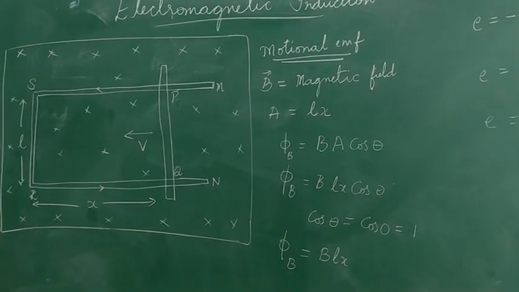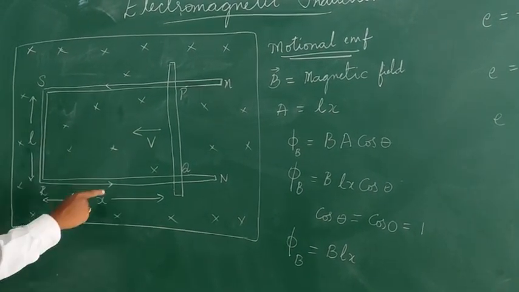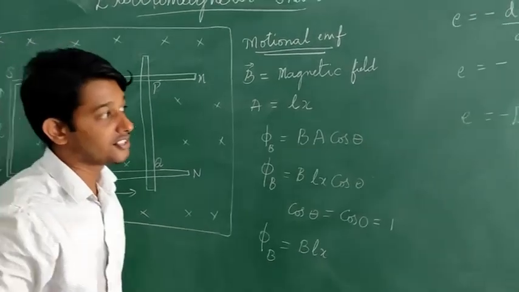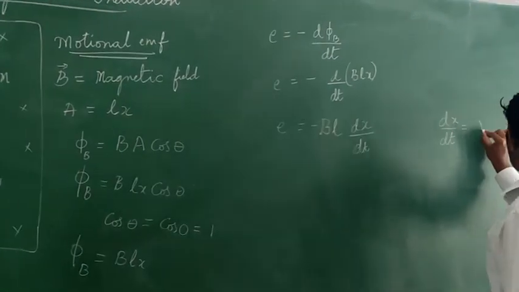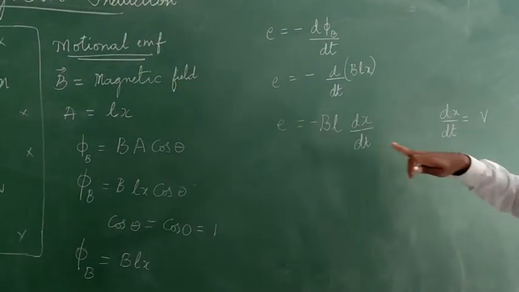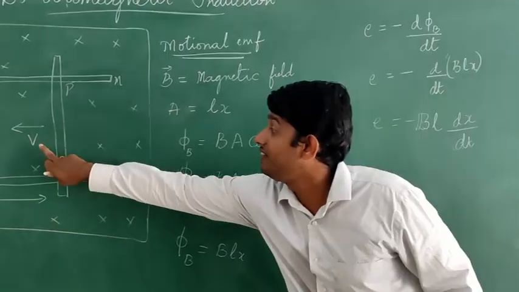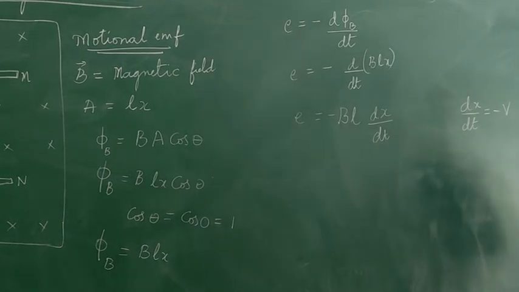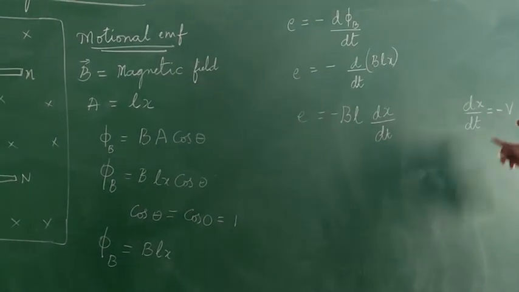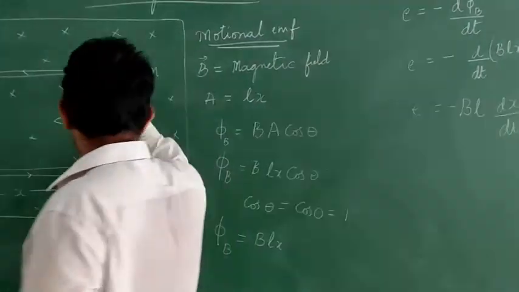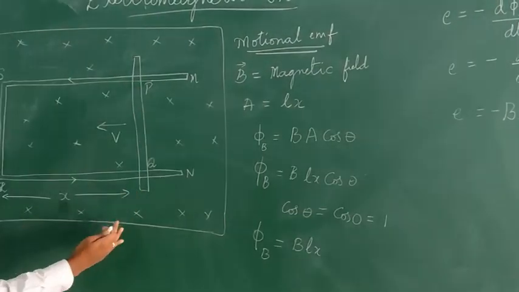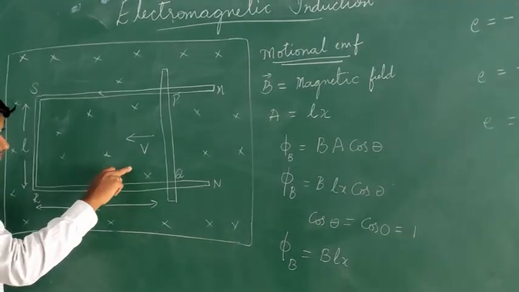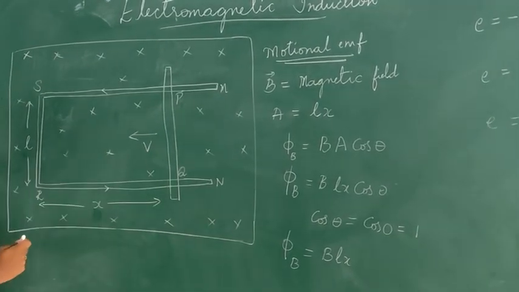The rate of change of displacement is velocity, that is V, so the conductor moves with velocity V. But we shall have a negative sign with this, because the negative sign symbolizes that the movable part PQ of the conductor moves in the negative x-axis direction.